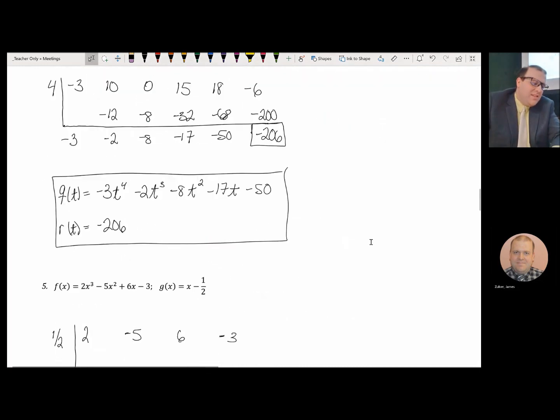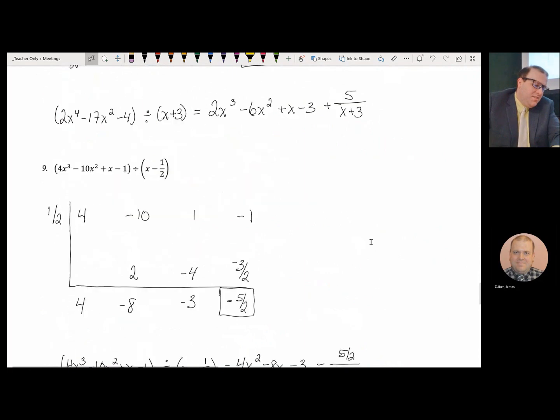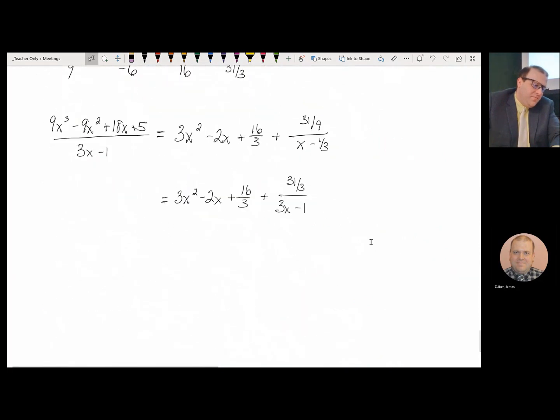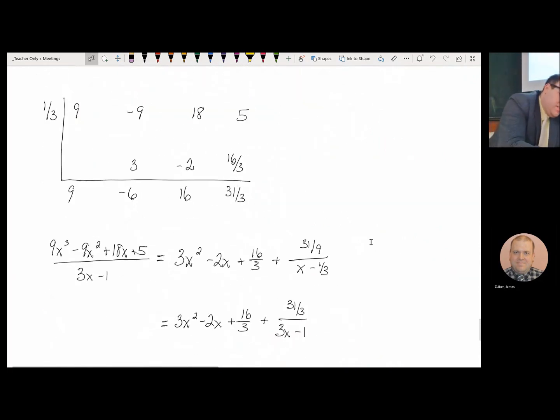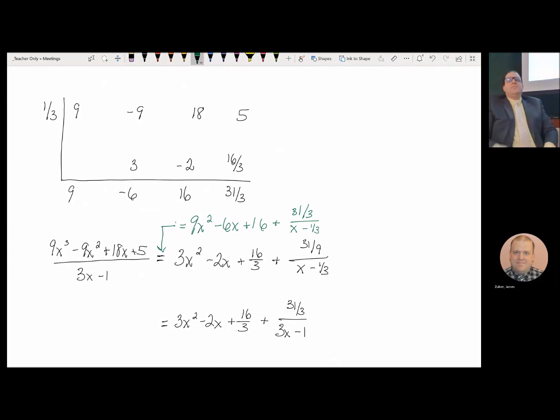Right, so the intermediate step that I skipped there was this step. And multiplied everything by 1/3.